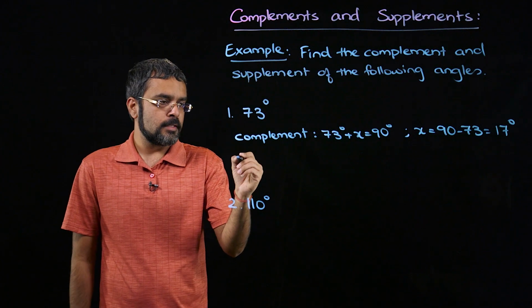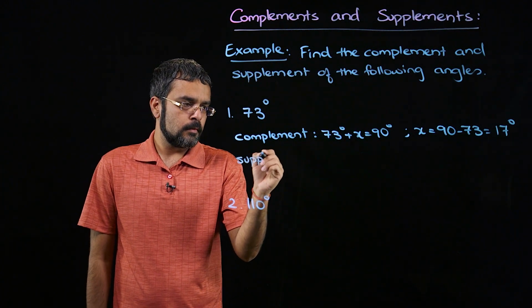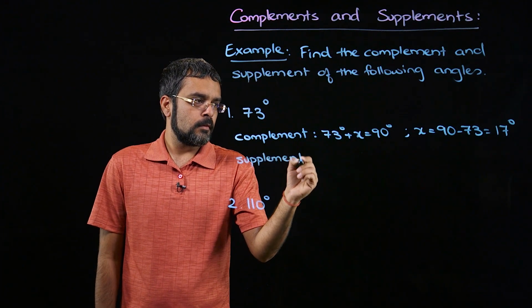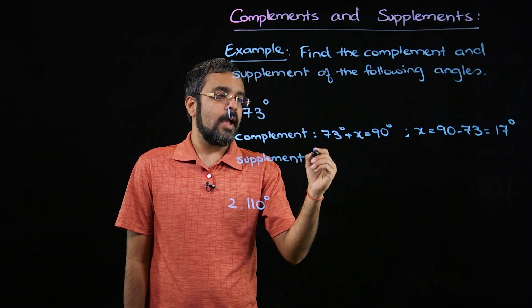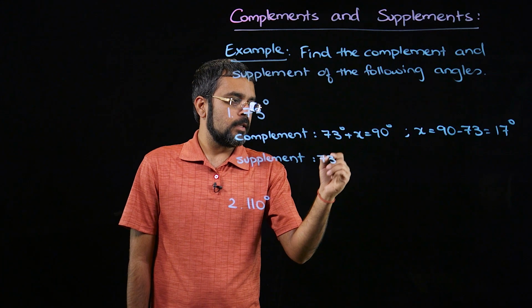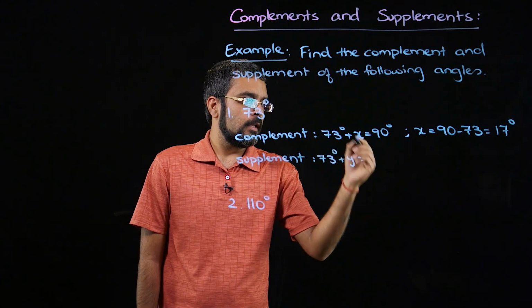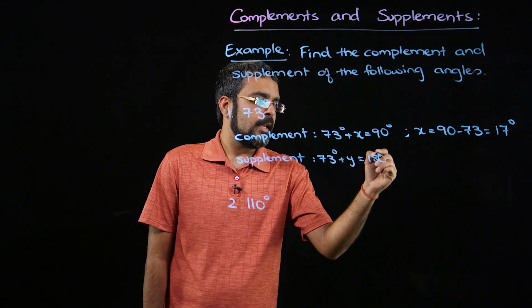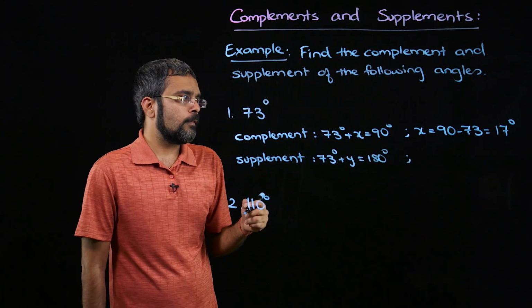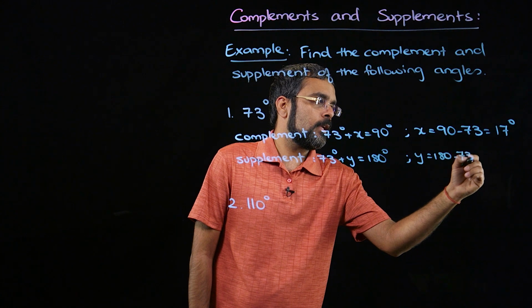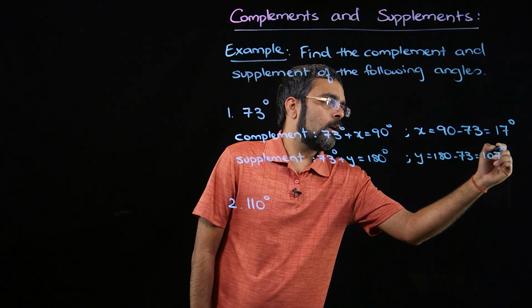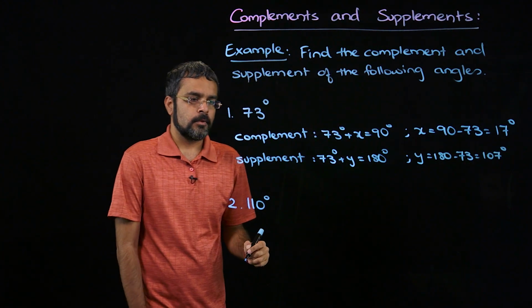Okay, and then for the supplement, we want them to add up to 180 degrees. So I have 73 degrees plus y equals 180 degrees, or equivalently I can say y equals 180 minus 73, which is 107 degrees. Okay.